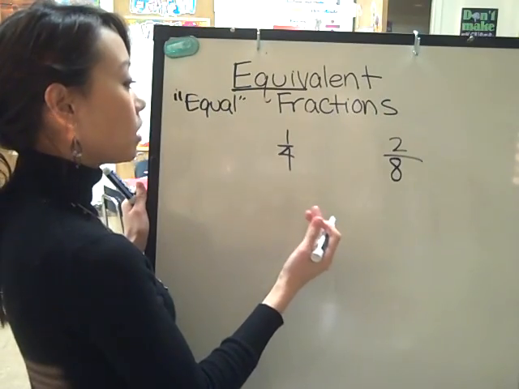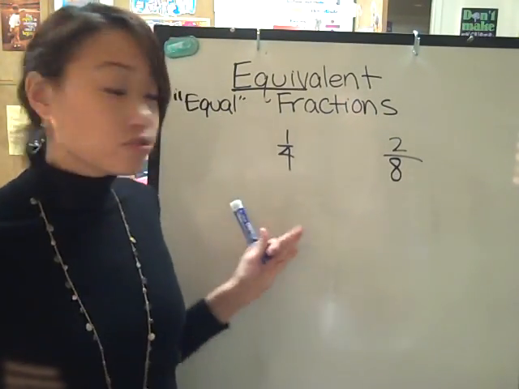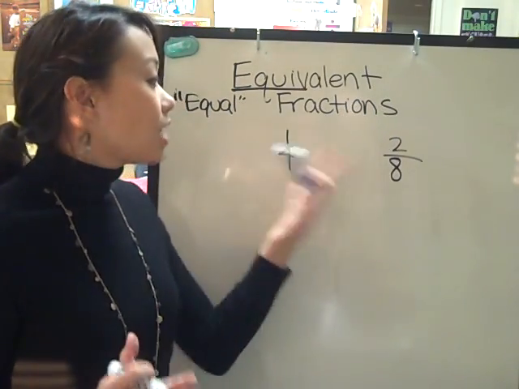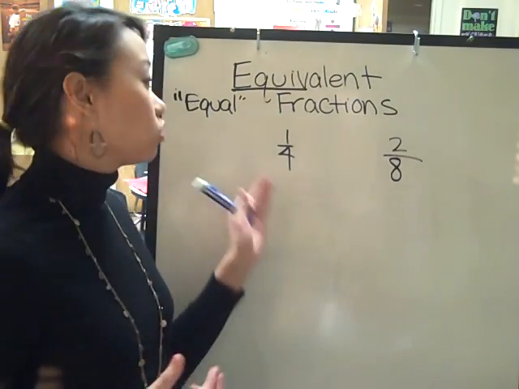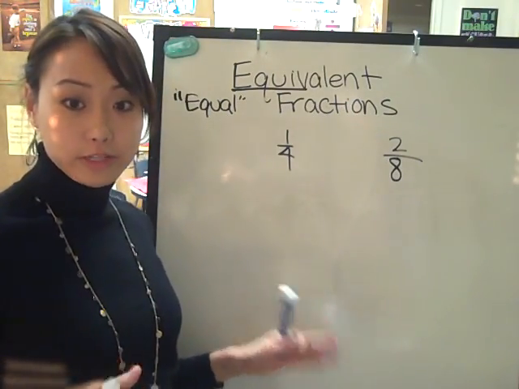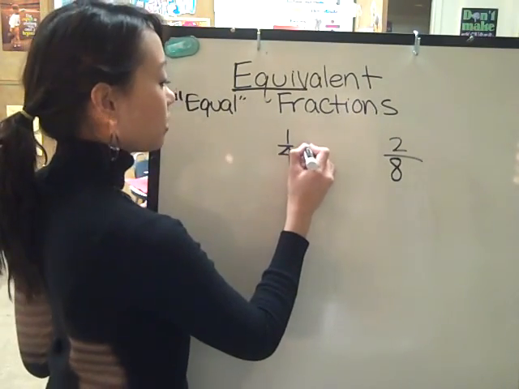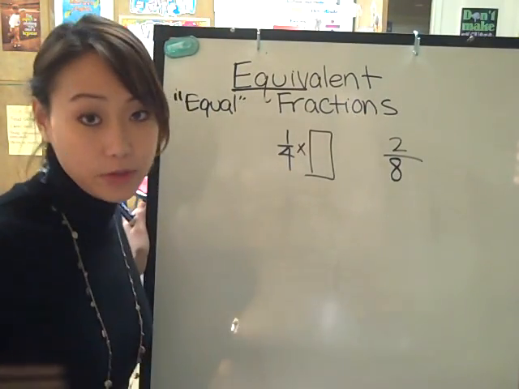How do I know that they are equal? Well, now that we understand that 1/4 and 2/8 are equal, I just showed you the drawings. Now I'm going to show you the steps that I'm going to take so that you can always find an equal amount if they change up the pizza lunch cutting, okay? So from here, if you've ever baked before, you used a recipe card, right?